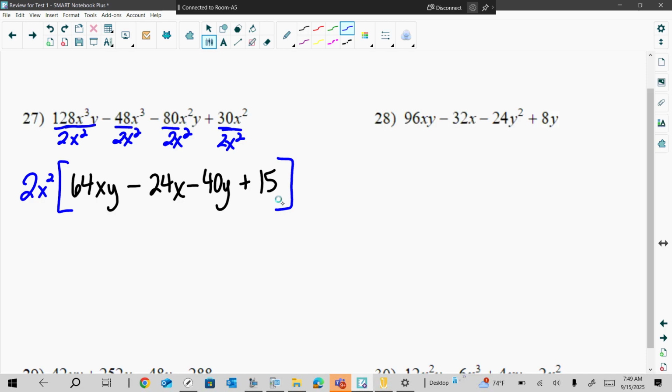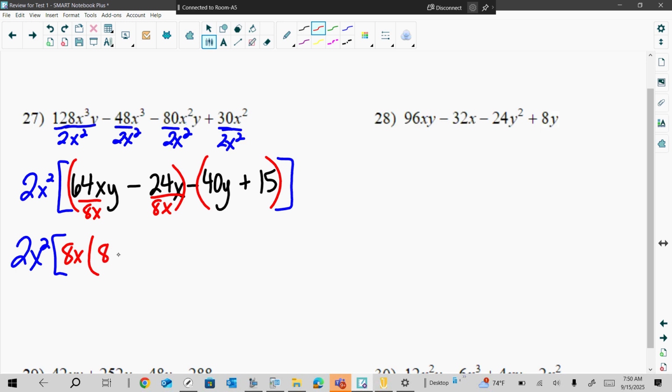Okay. Now I can do the first two terms and the last two terms. I'm going to keep the 2x squared outside the bracket. The GCF between the first two terms is an 8x, leaving me with 8y. These x's cancel, minus 3.